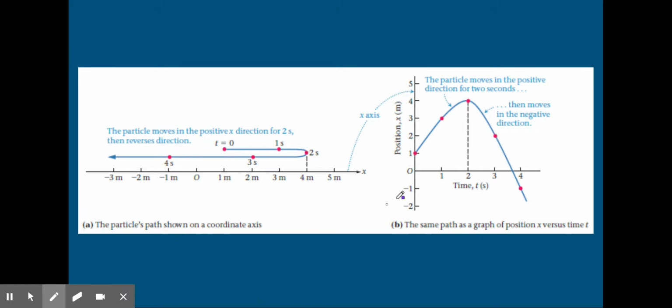And this arrow told us that. And over here, we've done it on an X versus T graph, a position versus time graph. So these are two different ways that you can show an object or particle's movement, and you will need to be familiar with both of them.